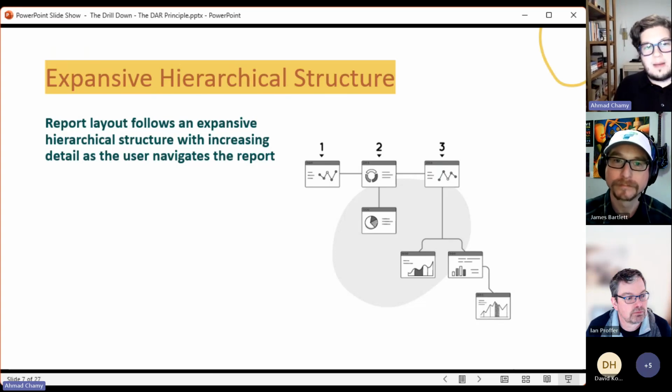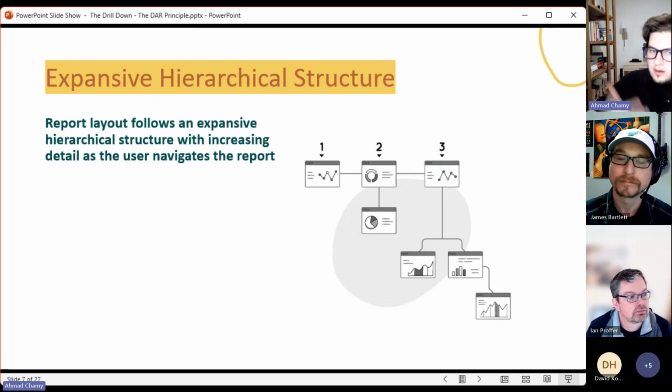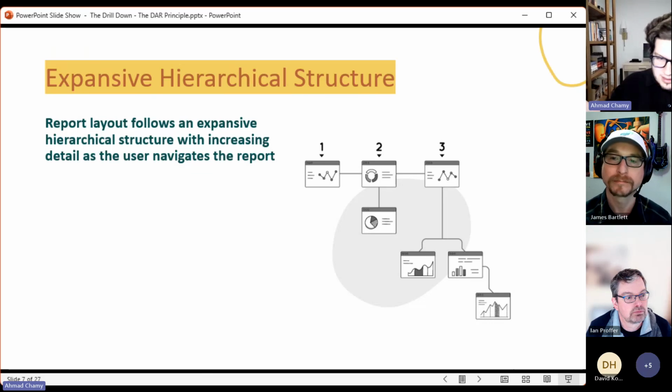He talks about designing solutions that are expansive hierarchical structures. That means that as you progress through a solution, you're getting more and more detail. Think of a patient at a doctor's office asked to fill in a form. With those large forms that have lots of information, often you just glance over it and put in information without really thinking about it.